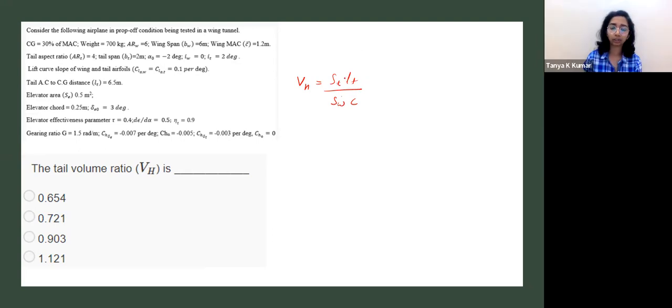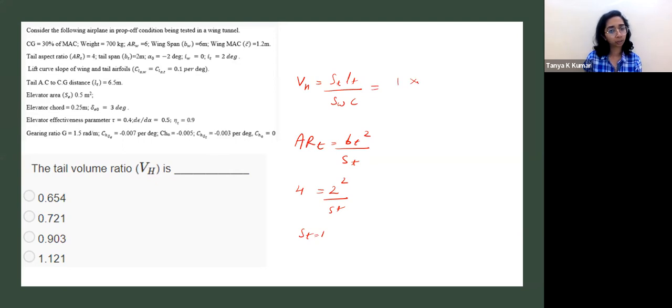So we need to find the area of the tail, similar to the area of the wing. Take the aspect ratio of the tail, b squared by ST. Aspect ratio of the tail is 4. Span is 2 squared by ST. So ST is 1.